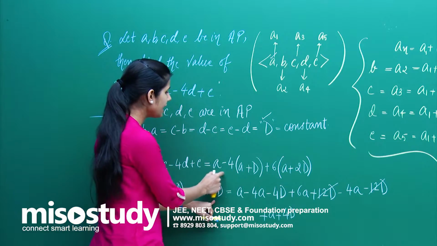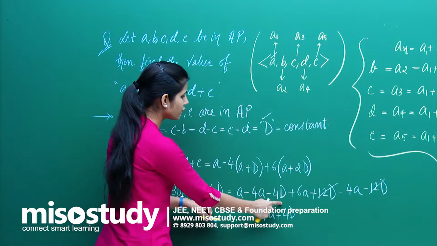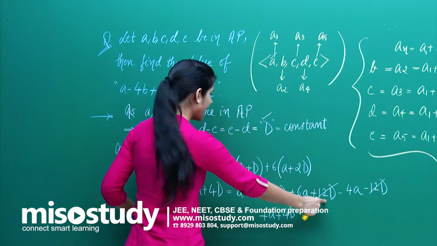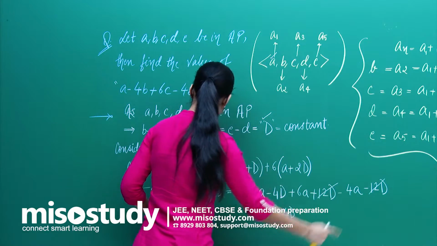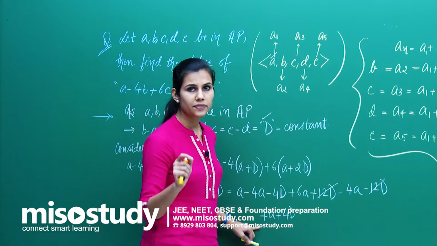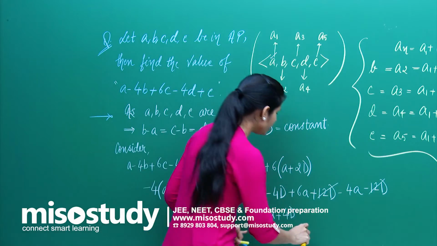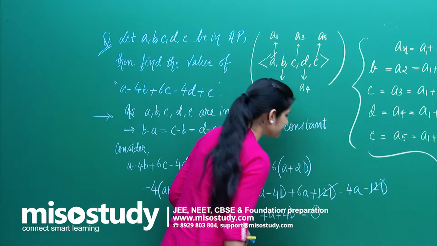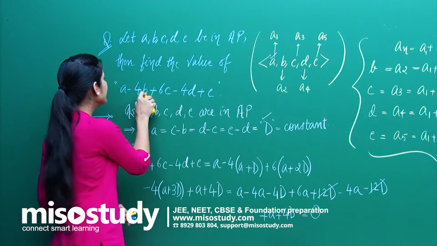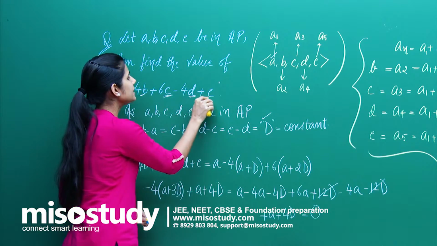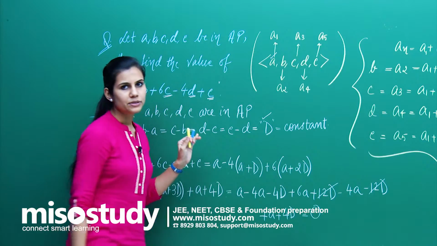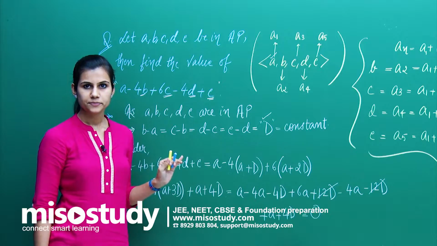So we have a minus 4a minus 4d plus 6a plus 12d minus 4a minus 12d plus a plus 4d, and you will be able to see everything cancels out and you get a 0 finally. That's how the value of this expression, just by expressing each and every term b, c, d, e in terms of a and the common difference d, happens to be the rescue.